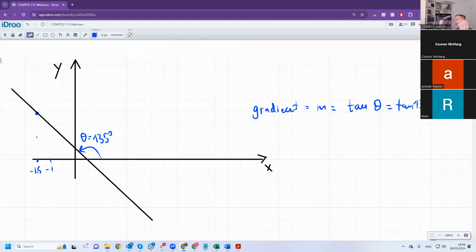Of course, if you made a mistake and used 45 degrees rather than 135, it's kind of obvious that the gradient of this line is -1. And so y is equal to -x plus, and you can work out that the y-intercept is 0.5, and that's the answer.